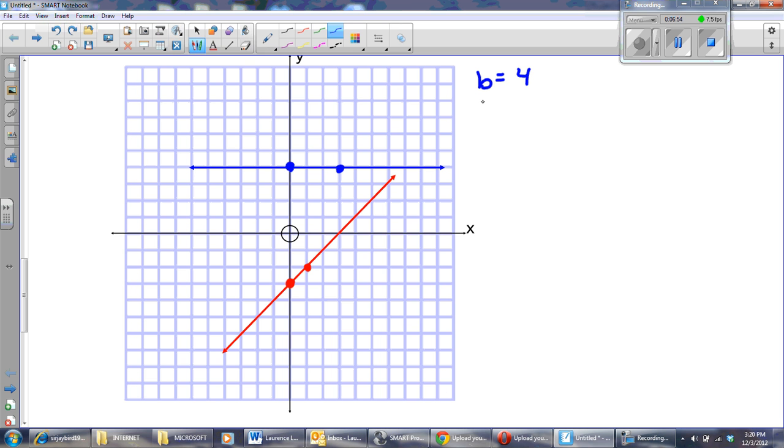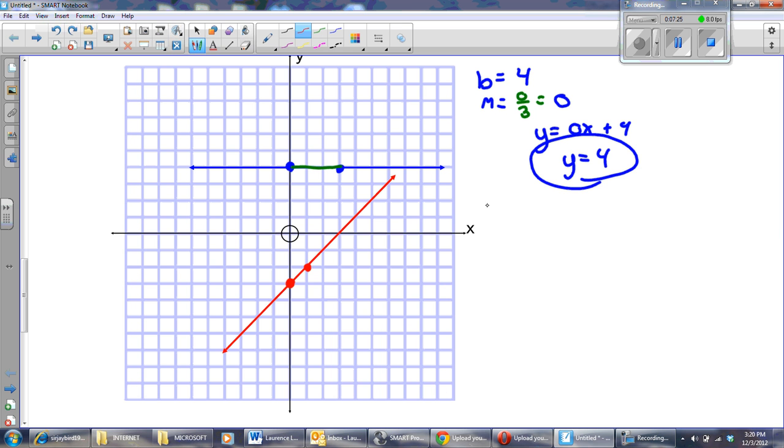And the slope is going to be a rise of 0 and a run of 1, 2, 3. 0 over 3, which is better said as 0. So y equals 0x plus 4, which is simplified to y equals 4. A horizontal line ends up in the equation y equals 4.